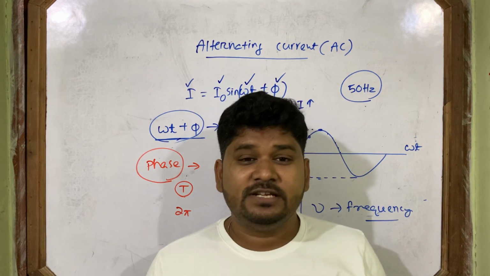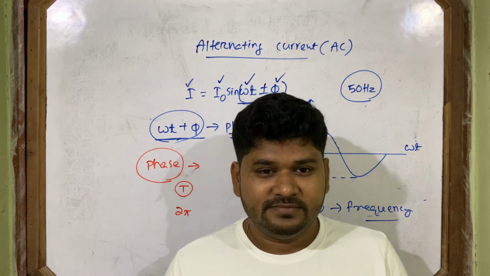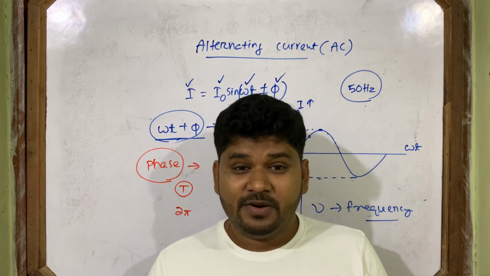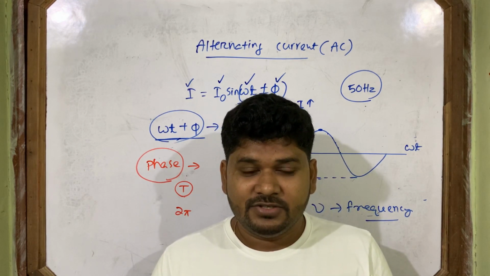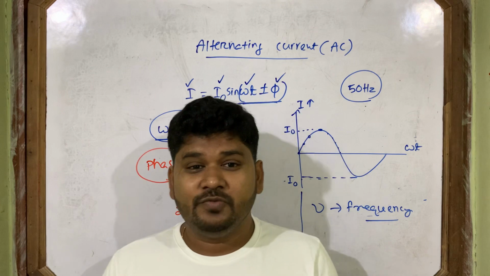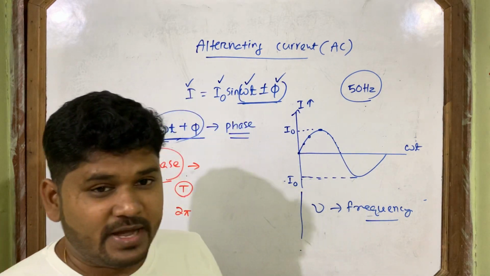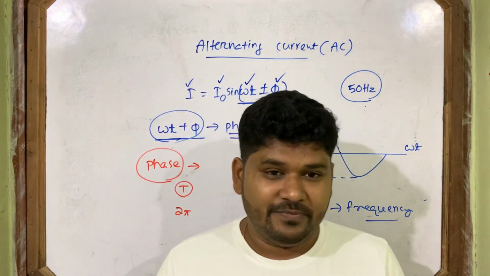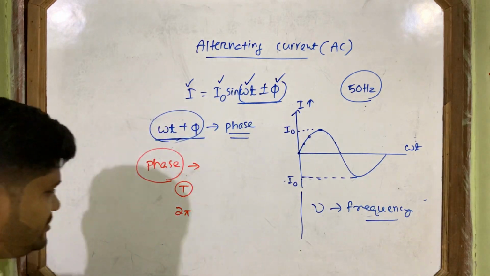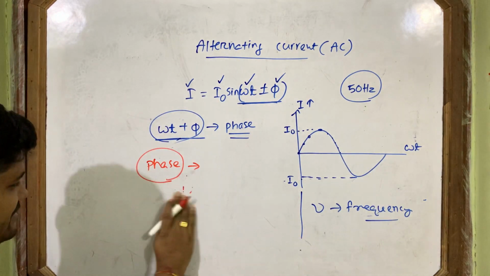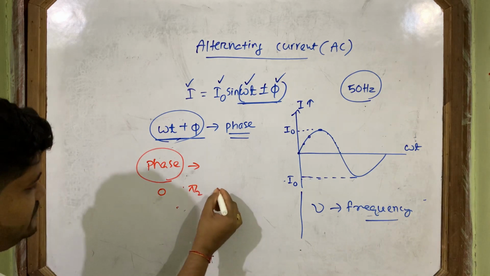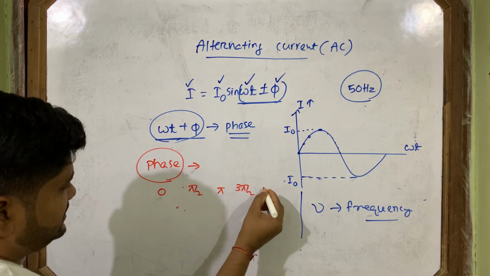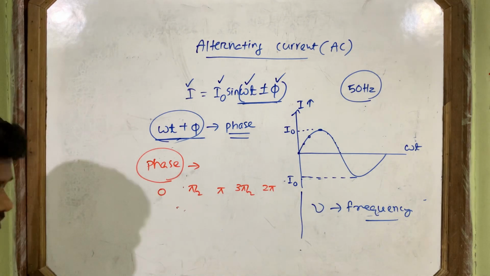So one oscillation is complete. To complete one oscillation, what is the phase? 2 pi. It's clear? Okay. So phase is written as 0, pi by 2, pi, 3 pi by 2, 2 pi.